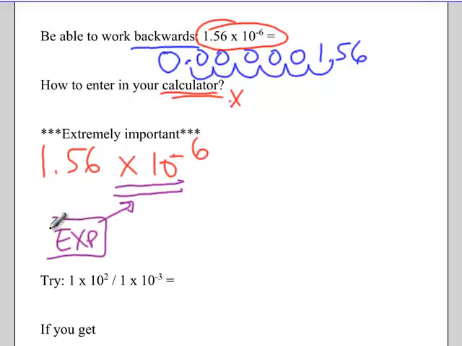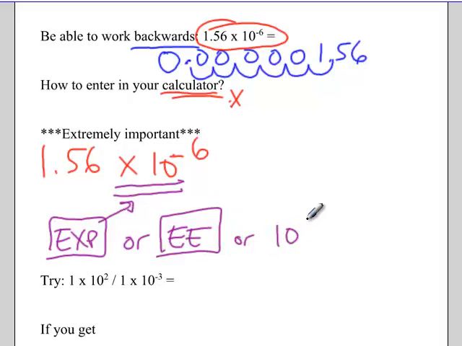Some calculators it'll say EXP. Some calculators the button will be EE. Some calculators will have a button, maybe with a times sign, 10 to the X power, something like this. But you don't want to use the times sign separate from the 10.